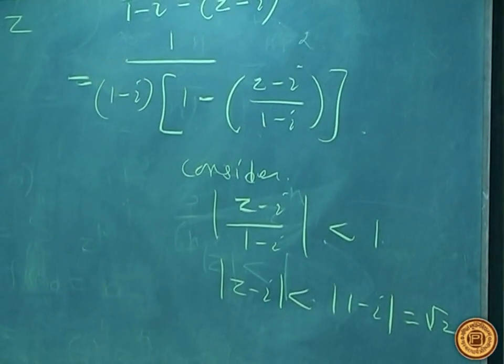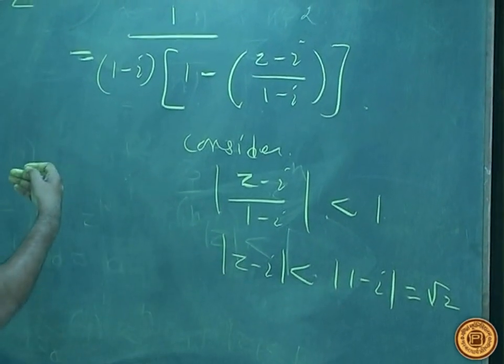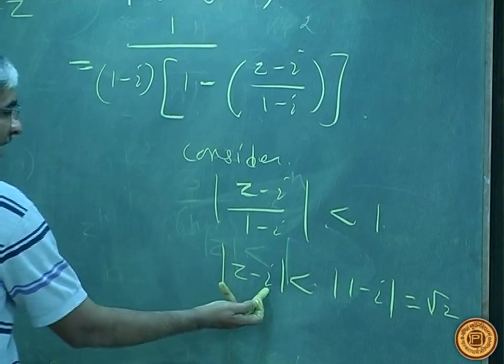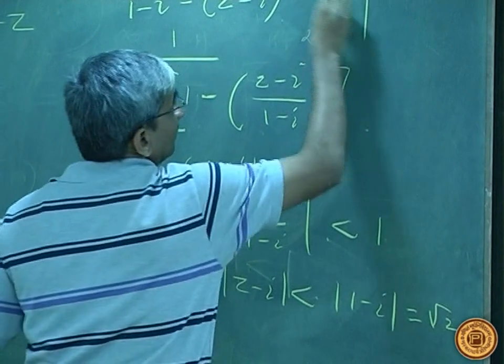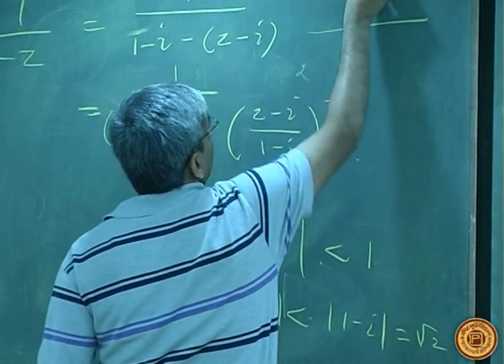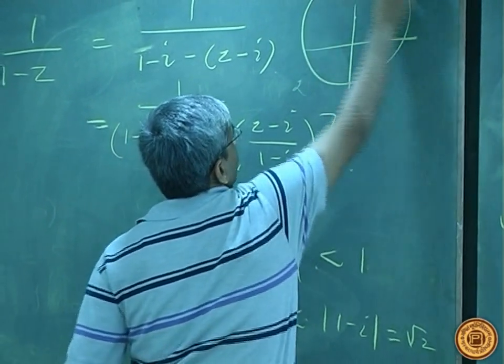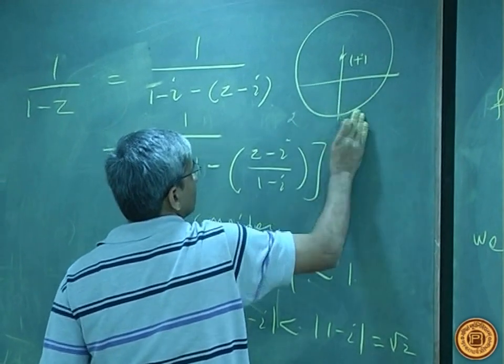So whatever we write now is valid within the circle with center at i and radius root 2. We have this complex plane, and this is i, and then you have this circle with center at i and radius root 2, something like this. This is a rough picture, but suppose this distance is root 2.